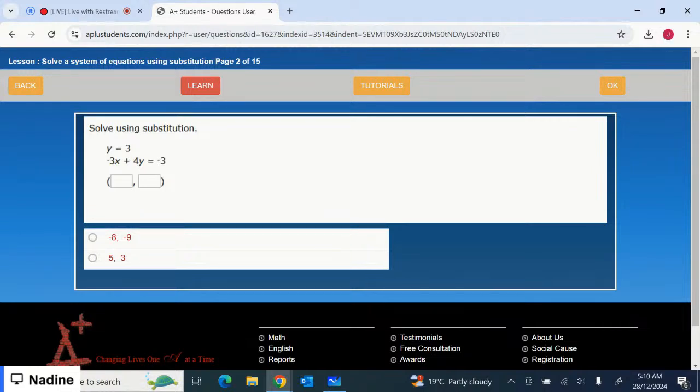Solve using substitution: y equals 3 and negative 3x plus 4y equals negative 3. Let's solve this question for y equals 3.